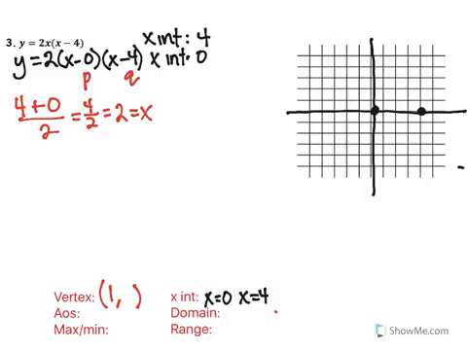And my axis of symmetry? It's also 2. Good. Oh, is that why you guys were all quiet? Yeah, I make mistakes. Absolutely. 2 comma something. Axis of symmetry is 2.